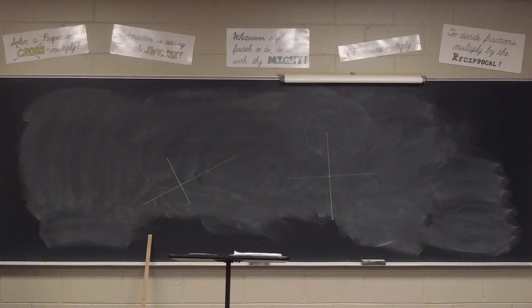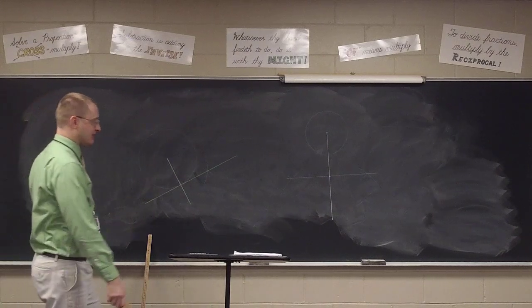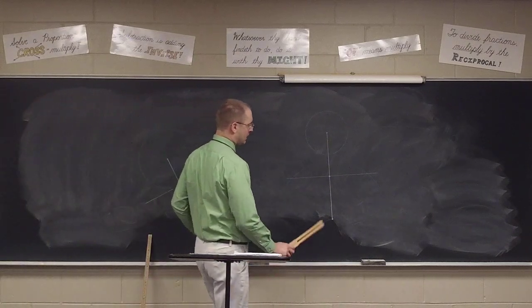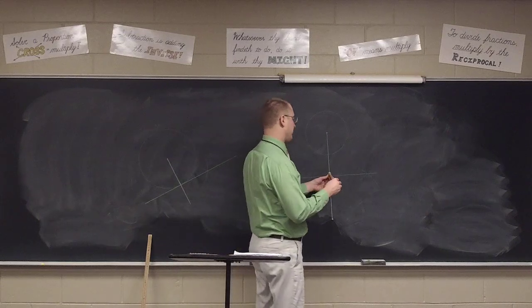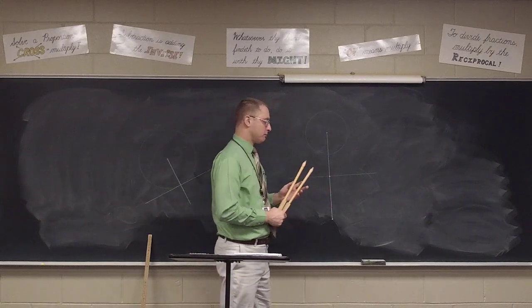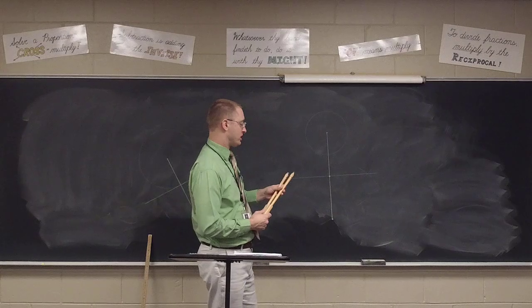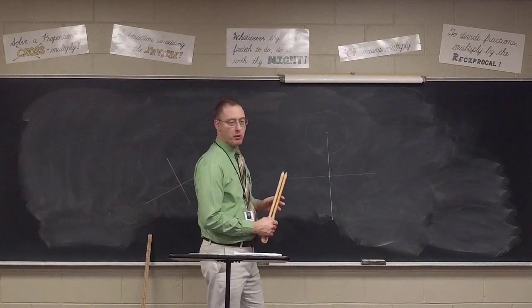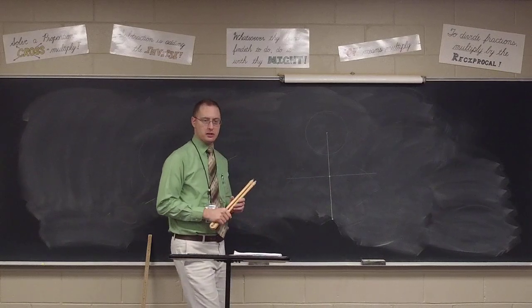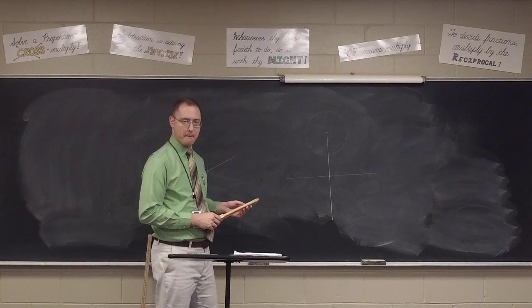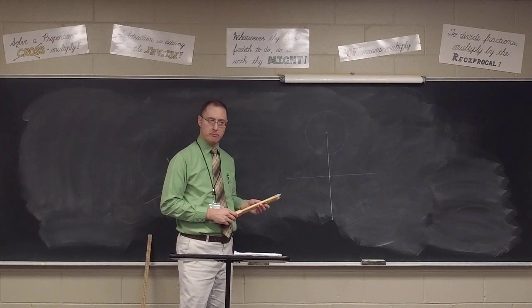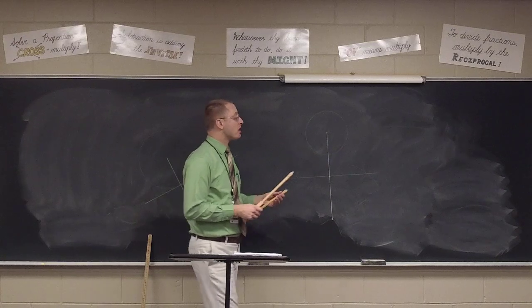Would you put the point of the compass on the center? I could. I normally put it on the midpoint. But it wouldn't necessarily be wrong to put it on the center, just make an extra step in a minute. But what do we want to do with our compass? We want to measure the half, right?